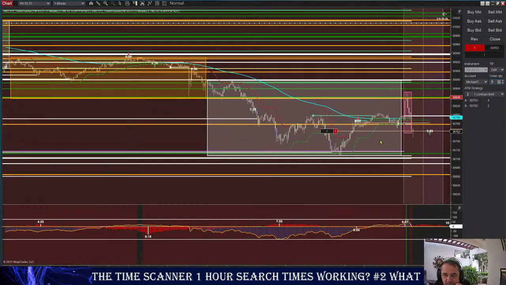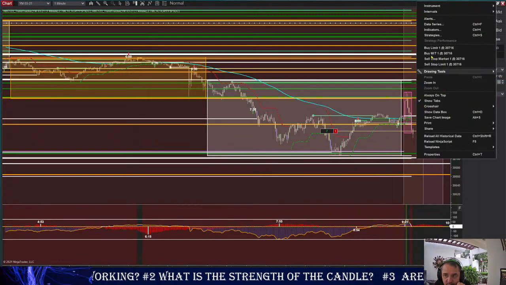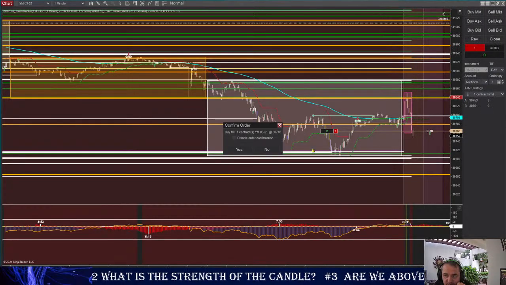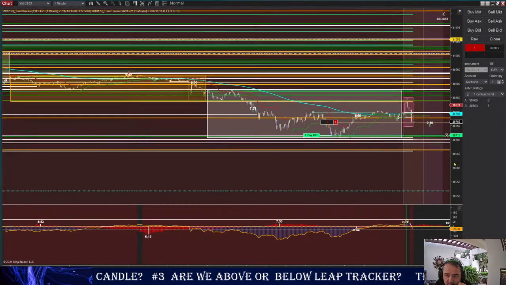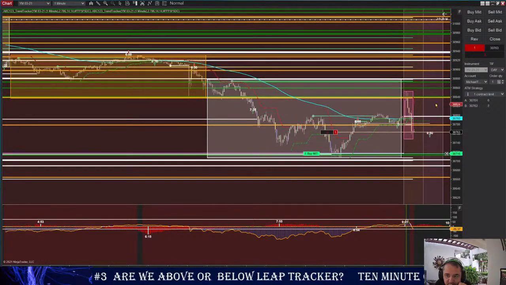Let's see, we're between this zone and this zone of the market open. So what we can do, I'm going to put a buy target because I didn't have any stops there. I thought I had stops, but I didn't. Yeah, we don't have any stops here, so I'll have to watch it manually.